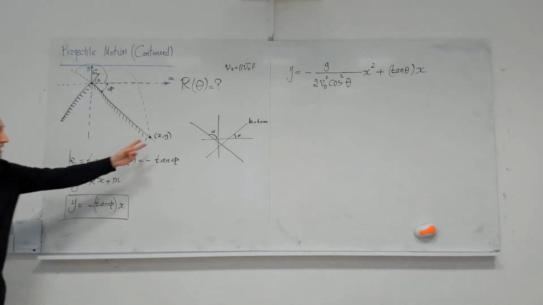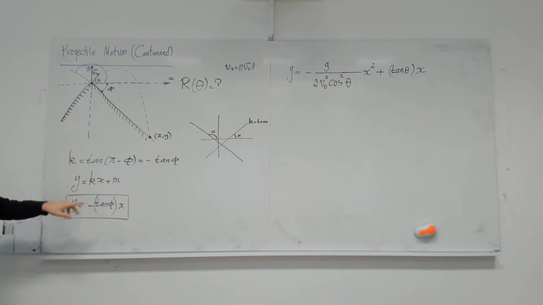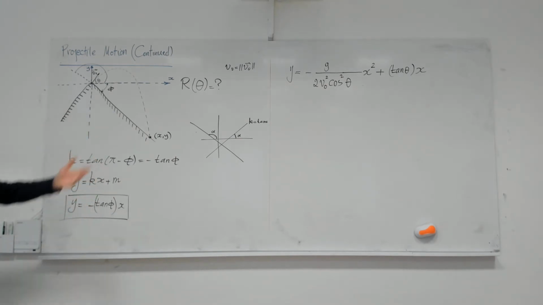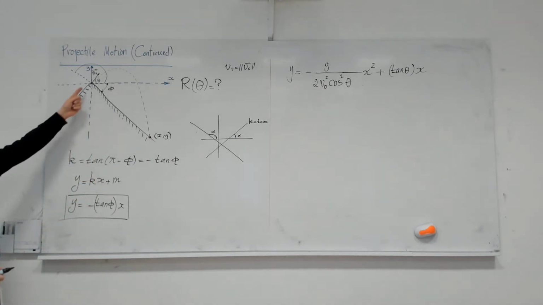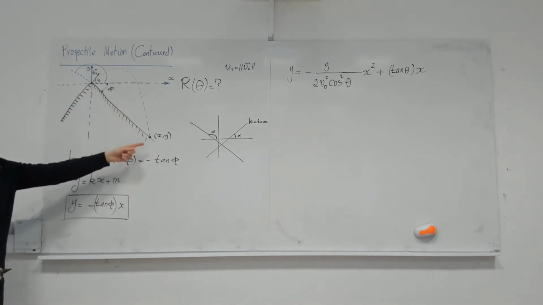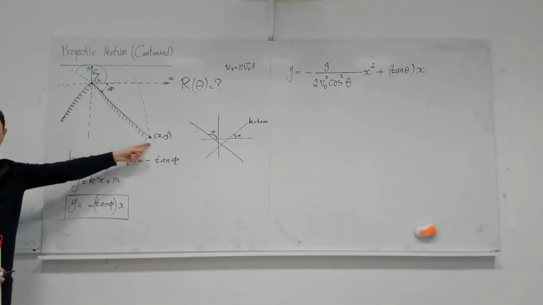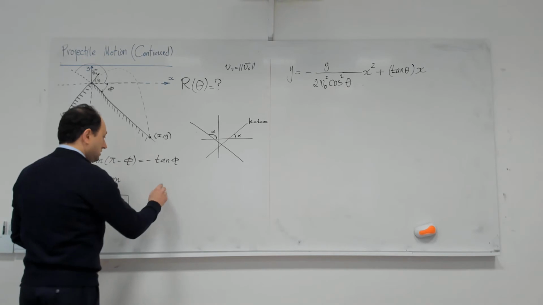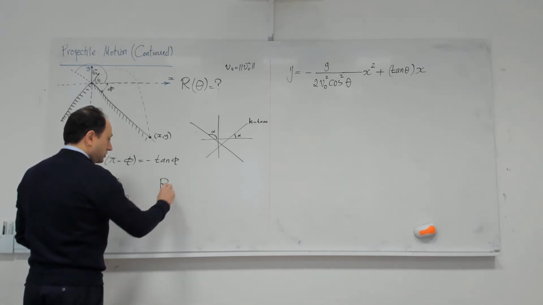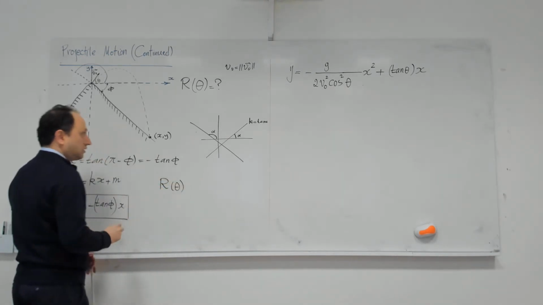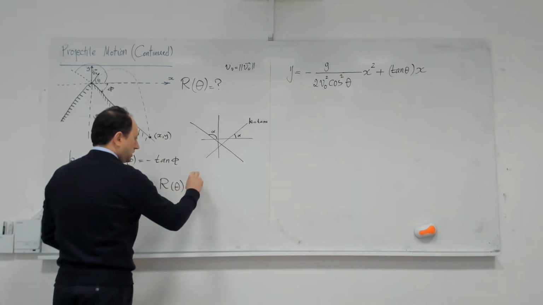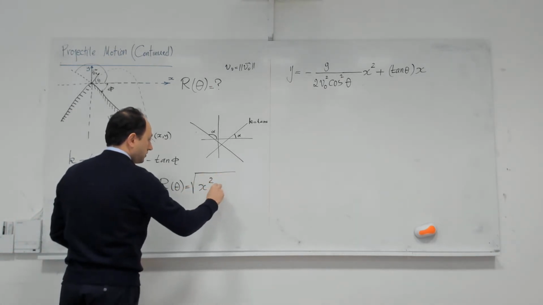So remember, these x and y values satisfy this equation and that equation simultaneously. Okay, and then I am interested in the range. And the range is the distance from the origin to that point, yes? So the range, of course, here in this case, which is a function of theta, as you will see, is the square root of x squared plus y squared.